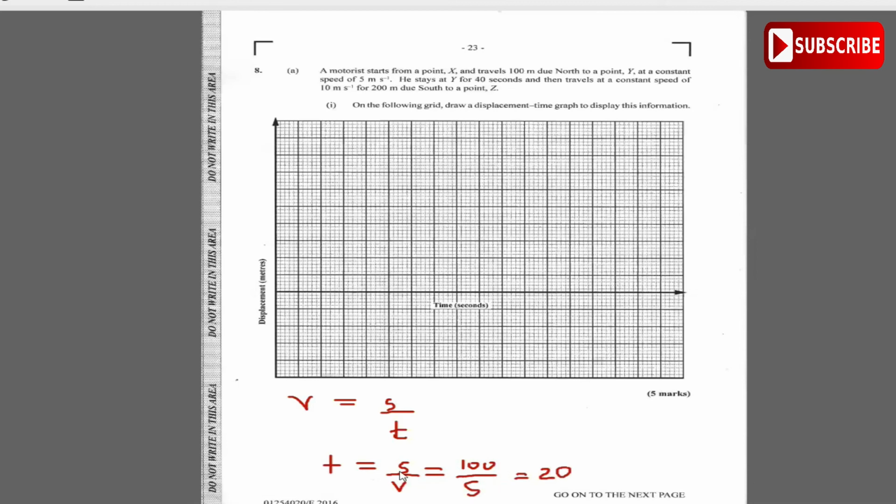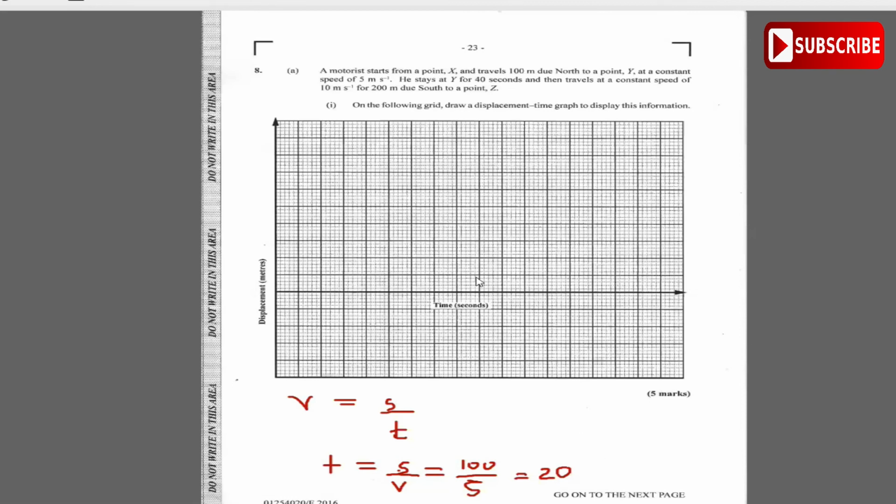All right, so this here says an S, and this here says a 5. There's no distinct difference, but this is S, this is 5. So it takes 20 seconds for him to travel the first 100 meters. Then it takes him 40 seconds to stay at Y. Then he travels at a constant speed of 10 meters per second for 200 meters.